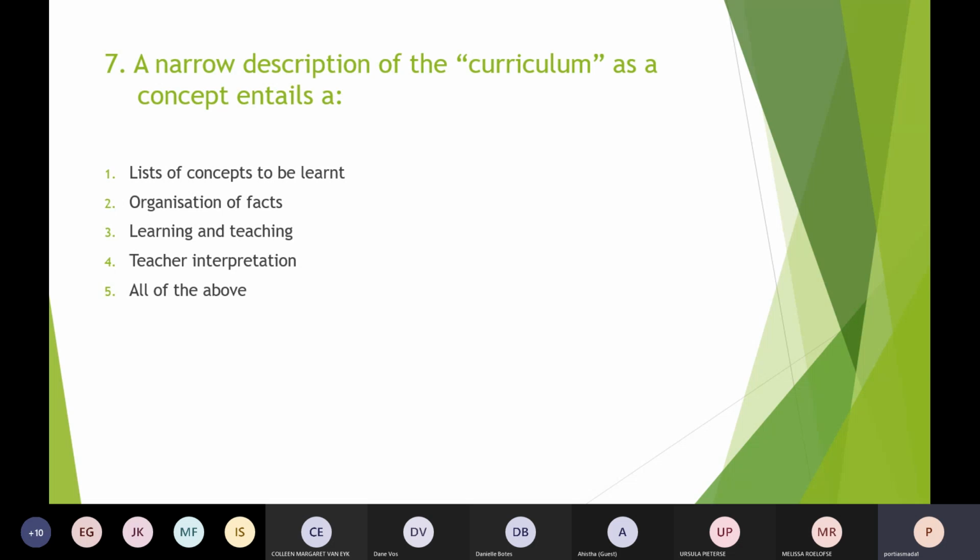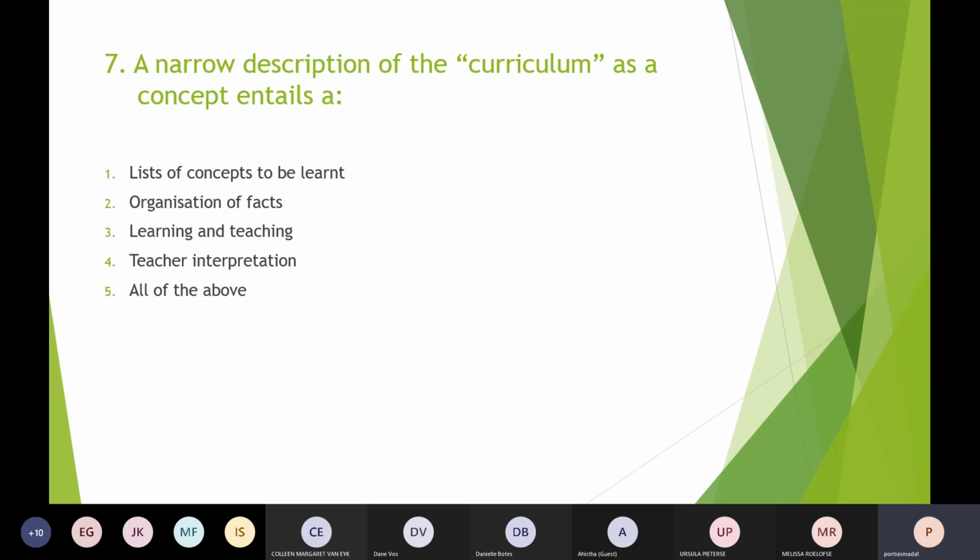So what is your understanding then of teacher interpretation? It's about how the teacher understands to give a lesson and how he or she interprets the curriculum. All right. Thank you. So now you know that is not what a narrow description of curriculum is.